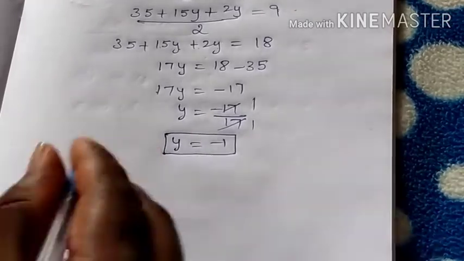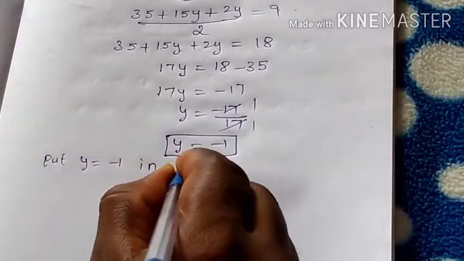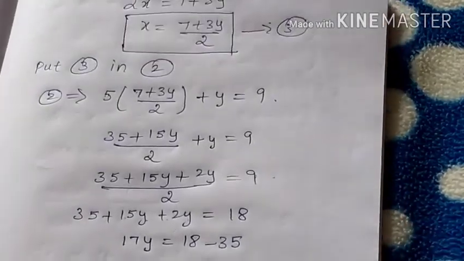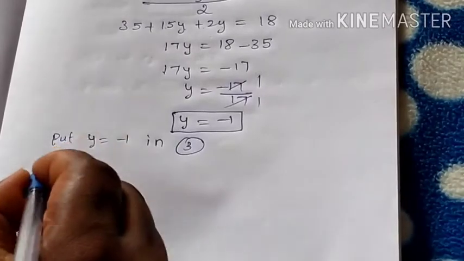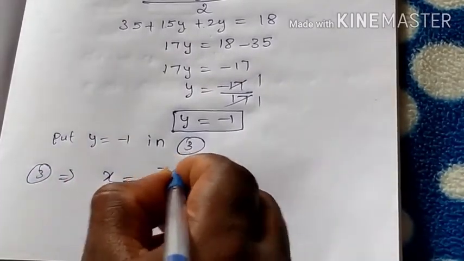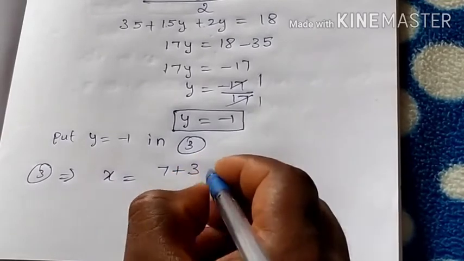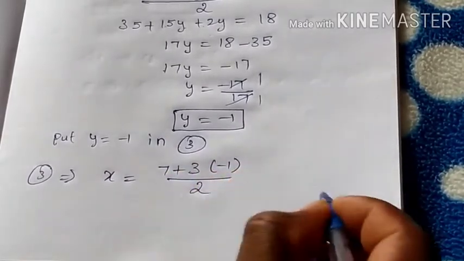So put y equal to minus 1 in equation 3, the x value. Equation 3 implies x is equal to (7 plus 3 into y), the y value now minus 1, divided by 2.